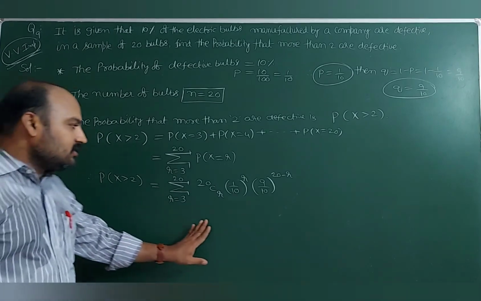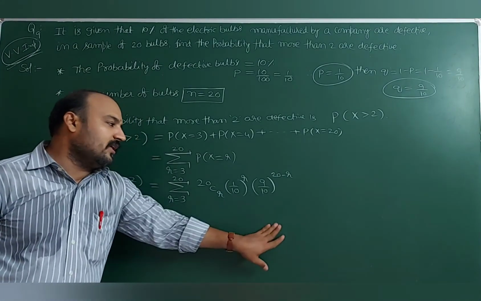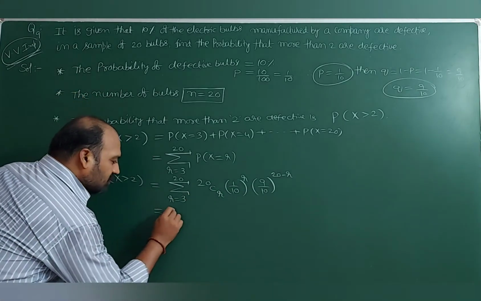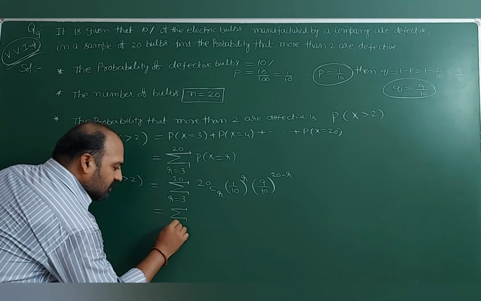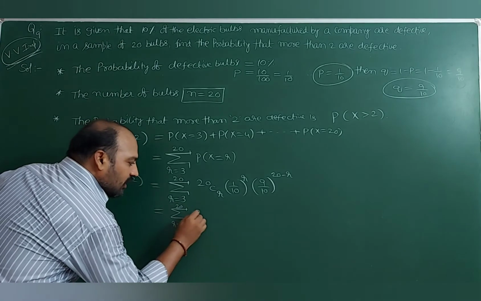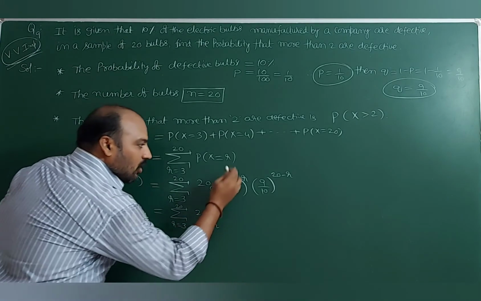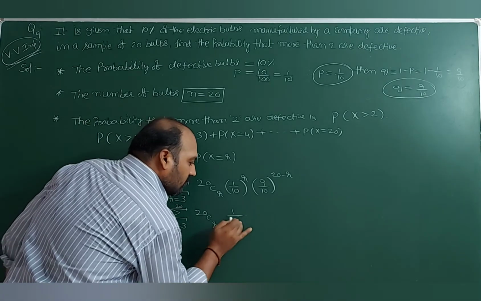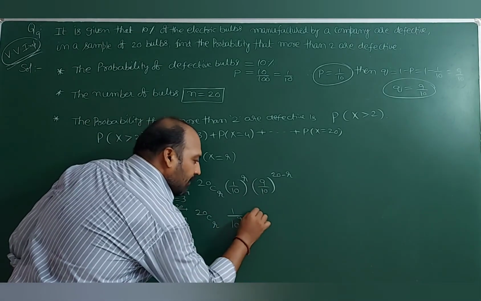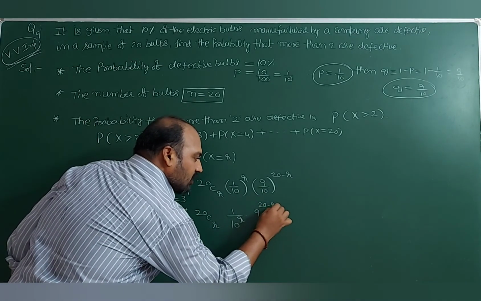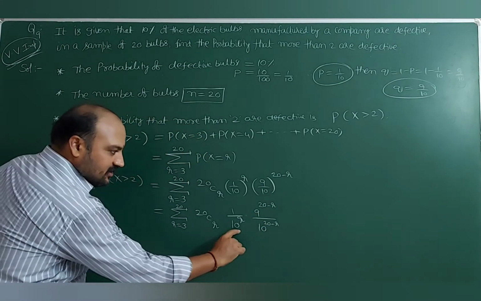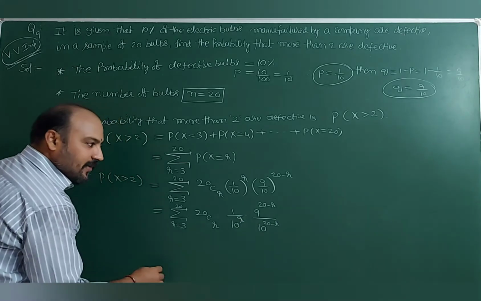Here, dear students, if you don't want to leave it like this, since the bases are equal, the portion is divided, just simplification. One more step: summation R equal to 3 to 20, 20 CR, 1 power R is 1 only, 1 by 10 power R into 9 power 20 minus R by 10 power 20 minus R. So the bases are equal, the portion is divided, plus R minus R will be cancelled now.